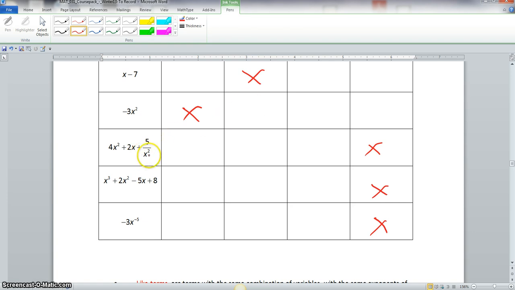It cannot be a negative integer. So that's why this is not a polynomial. Now, this right here is a polynomial, but we didn't put down the quartic category here, so we have to mark this as not a polynomial. This is not a polynomial because the exponent is negative.